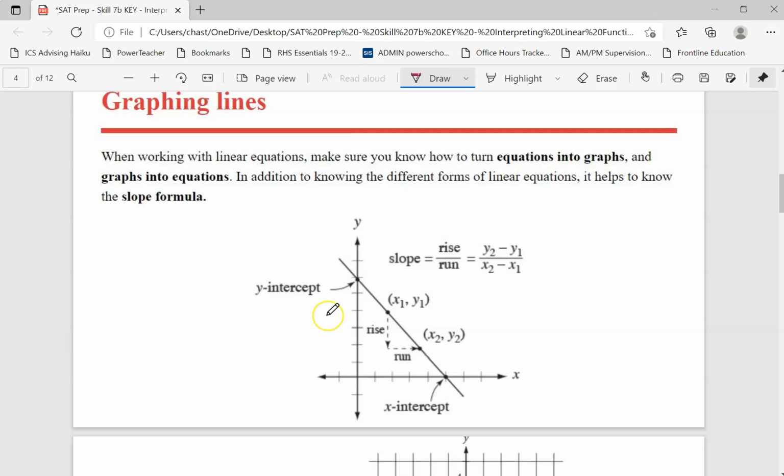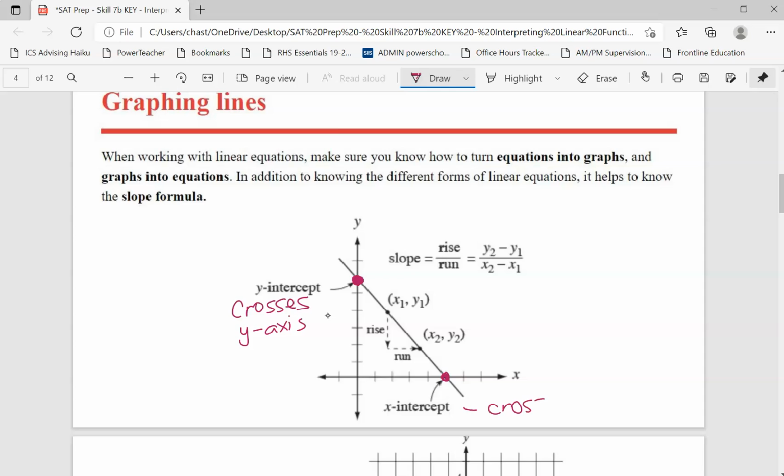When we graph lines, you need to make sure you know how to turn equations into graphs and graphs into equations. In addition to knowing the different forms of a linear equation, it helps to know the slope formula. Okay? Note on here they show some important pieces. Where a graph crosses the y-axis is the y-intercept. Where it crosses the x-axis is the x-intercept.